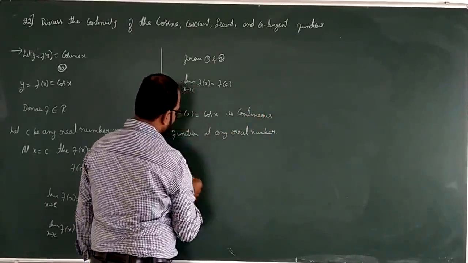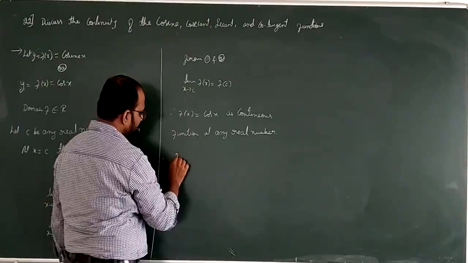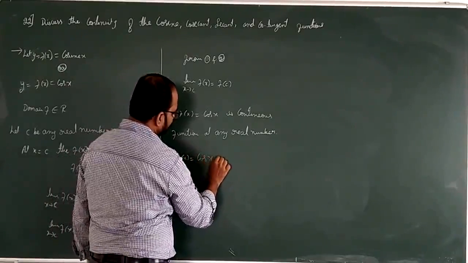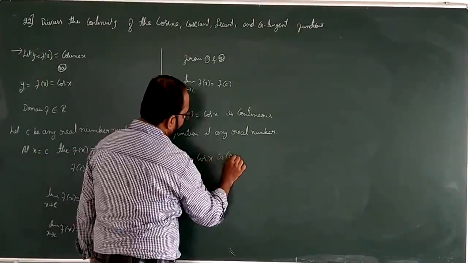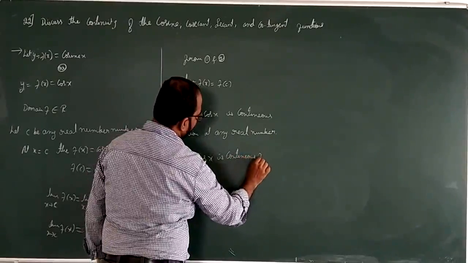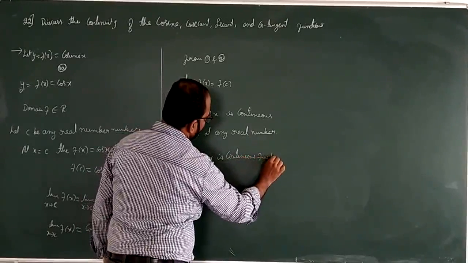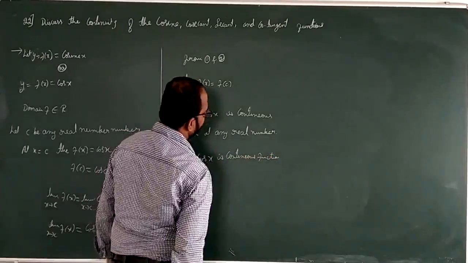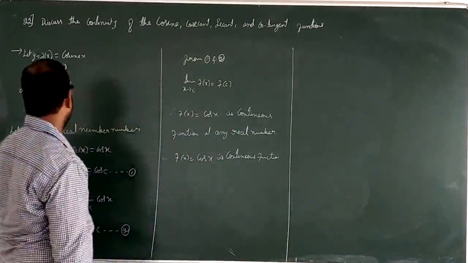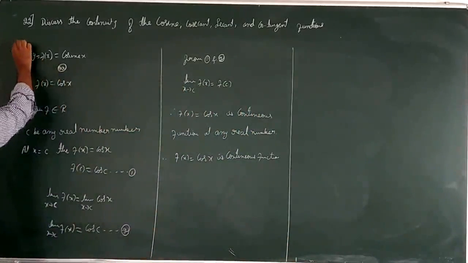Therefore f of x is equal to cos x is a continuous function. This is the first one. If you want, you can write it as case 1.